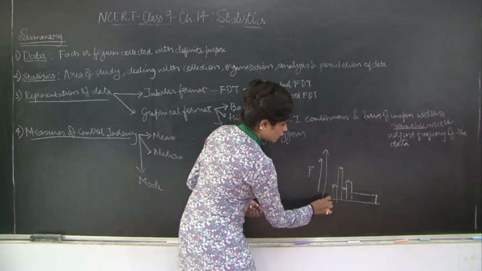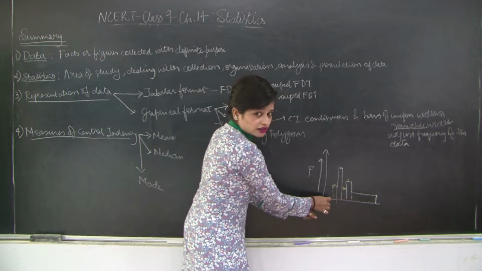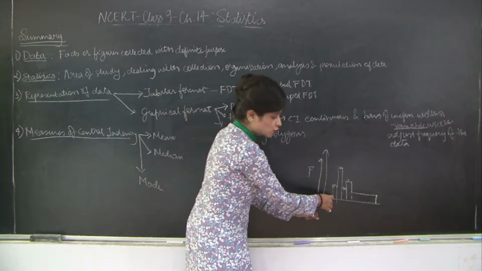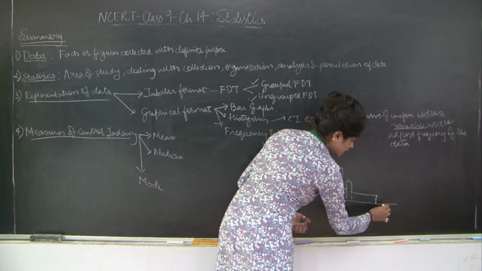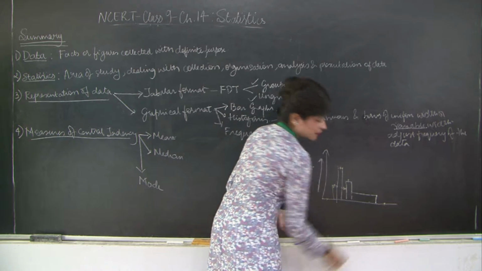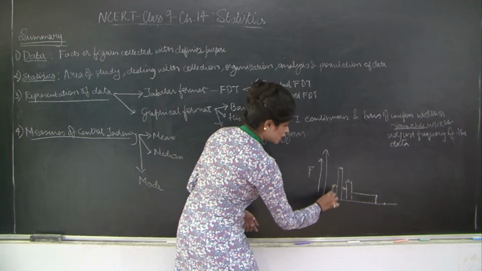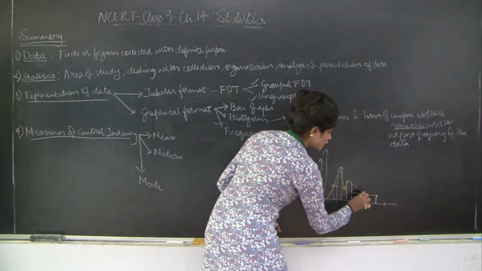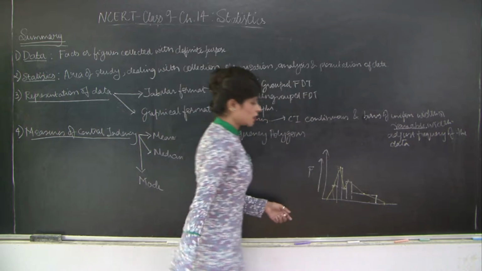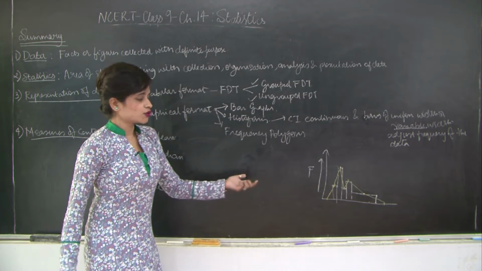And take an equal length, or class interval, on the extreme left and an equal length or class interval to the extreme right, and I am going to connect these points that I mark. This is going to give me the frequency polygon. So this was the frequency polygon using a histogram.